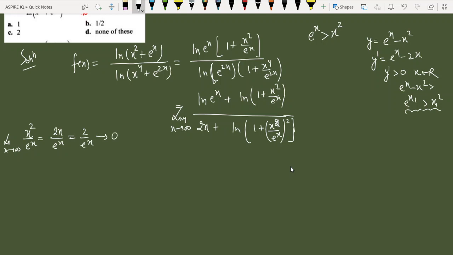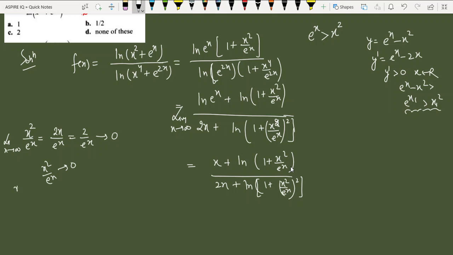So you can simply say x plus ln 1 plus x square e to the power x, over 2x ln 1 plus x square e to the power x whole square. Okay, x square upon e to the power x tends to 0 when x tends to infinity, right?